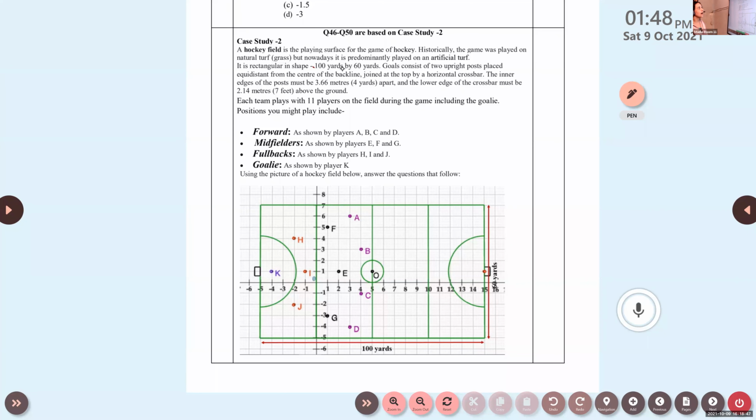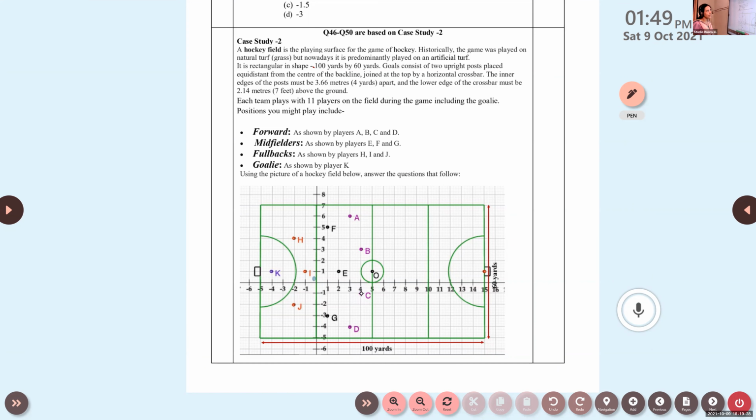Goals consist of 2 upright posts placed equidistant from the center of the back line, joined at the top by a horizontal crossbar. The internal edges of the posts must be 3.66 meters, 4 yards apart, and the lower edge of the crossbar must be 2.14 meters, 7 feet above the ground.